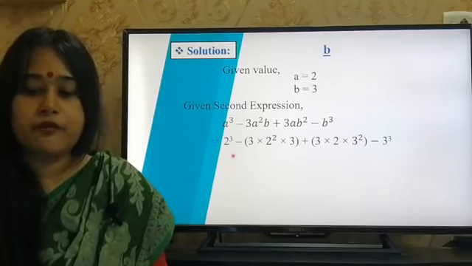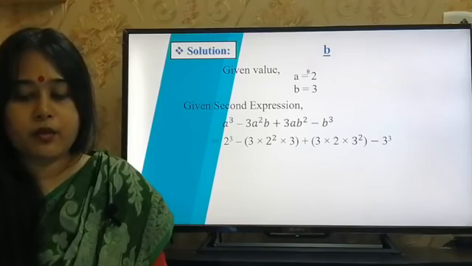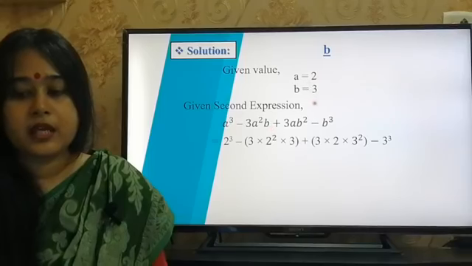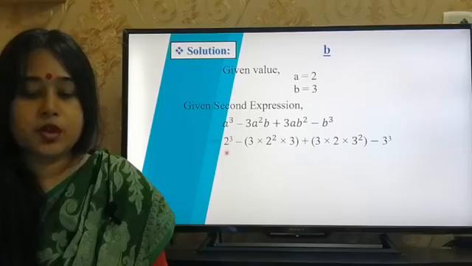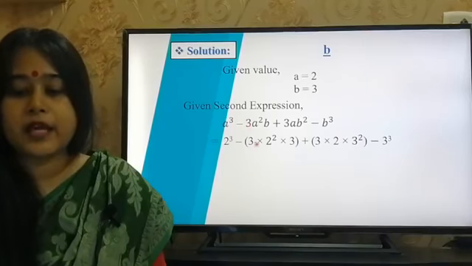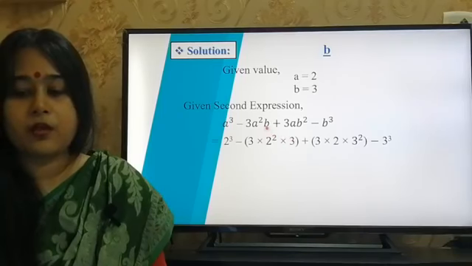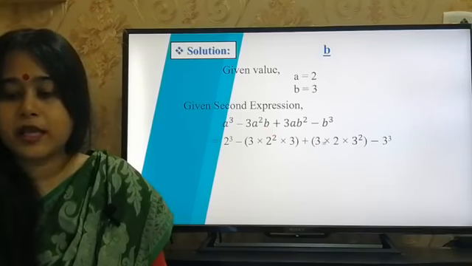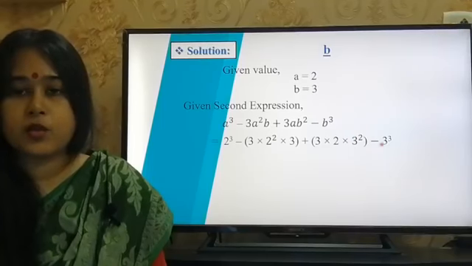Now we put the value of a and b here. The value of a is 2, you can see here, and the value of b is 3, you can see it over here. So a cube means 2 cube, because the value of a is 2, minus 3 into 2 square into 3, this 3 is the value of b, plus 3 into 2 into 3 square minus 3 cube, this 3 is the value of b.